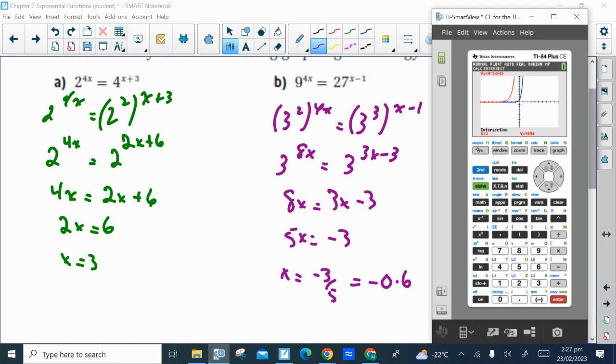So we can check that on our calculator. Starting with 9 to the power 4x as y1, and y2 is 27 to the power x minus 1. We graph them and find the point of intersection. Negative 0.6.